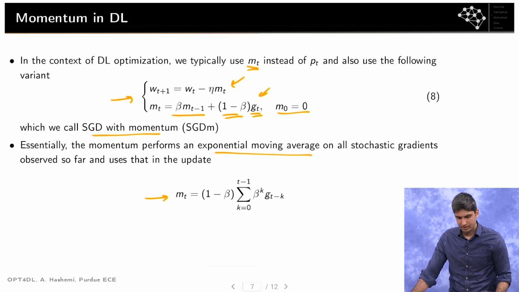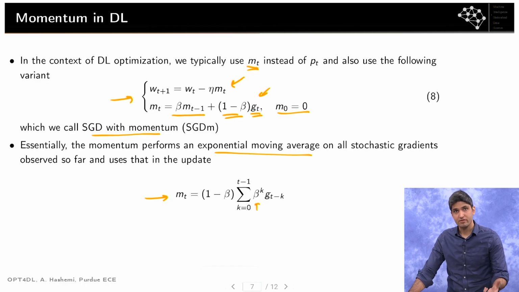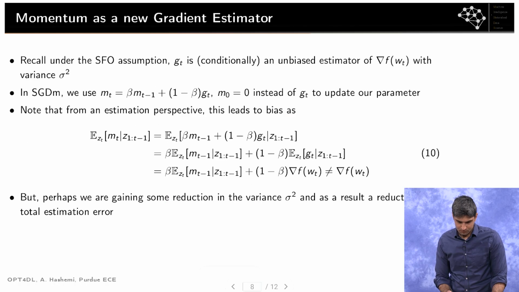This is nothing but taking the exponential average of all the gradients we observed before with weights beta. So in some sense, this puts more weight towards the most recent observations, in this case the stochastic gradients, compared to just a linear averaging of the gradients.